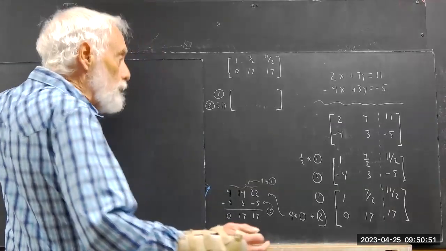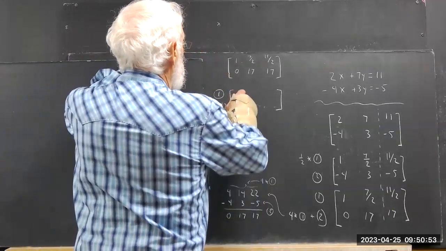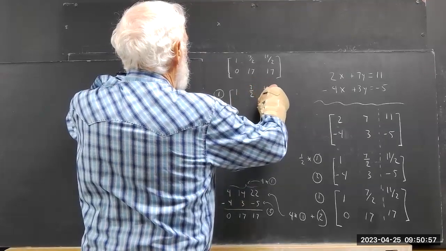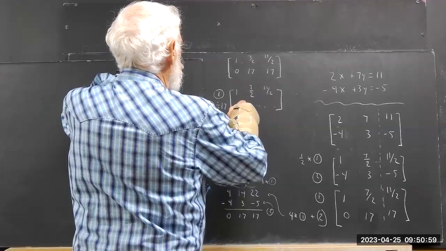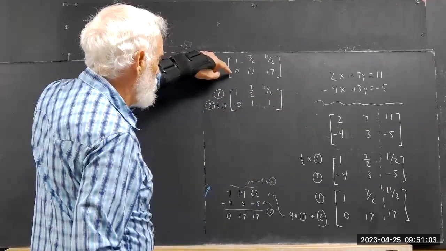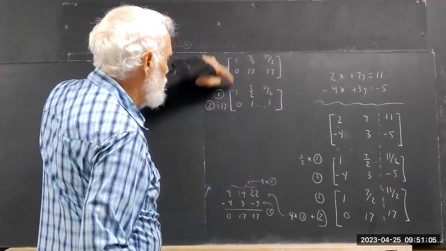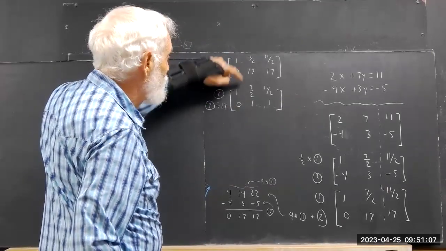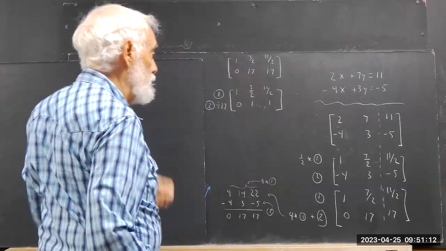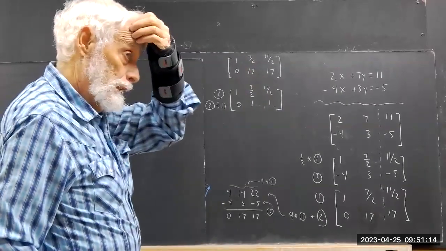Okay, so what do we do here? We write down row 1, and in row 2, we divide everything by 17. 0 divided by 17 is 0. 17 divided by 17 is 1. 17 divided by 17 is 1.